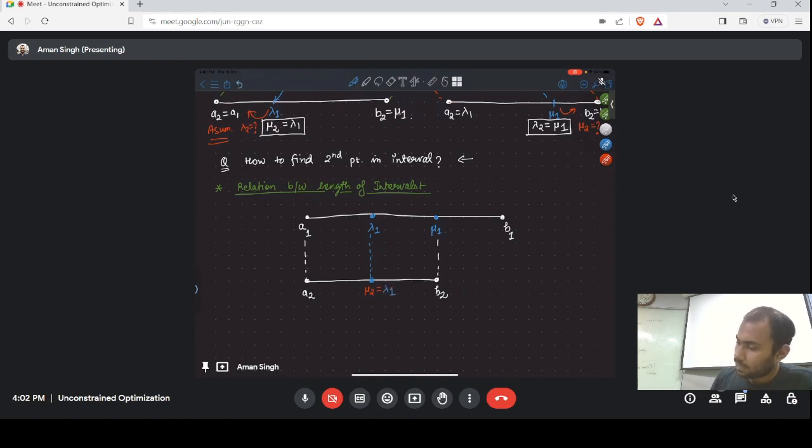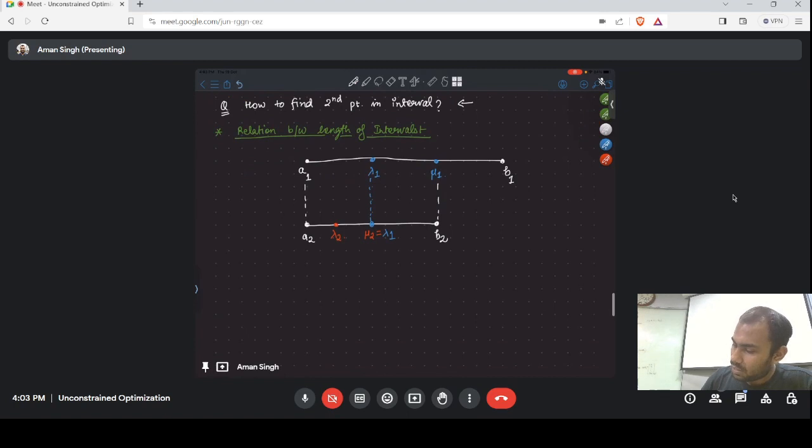And then let's say by some algorithm which we have not derived yet, we find a new point, lambda 2. Okay, we find some new point lambda 2, and we go one step further, and let's say this time around the values were such that the interval remained only A2 to mu 2.